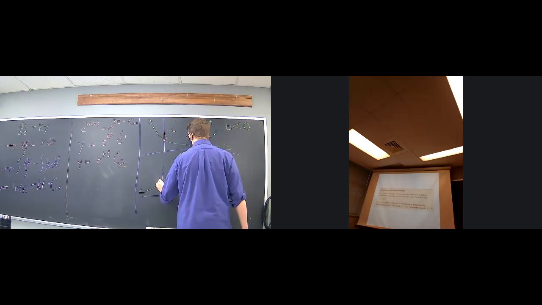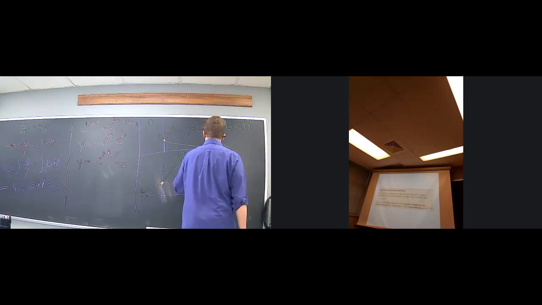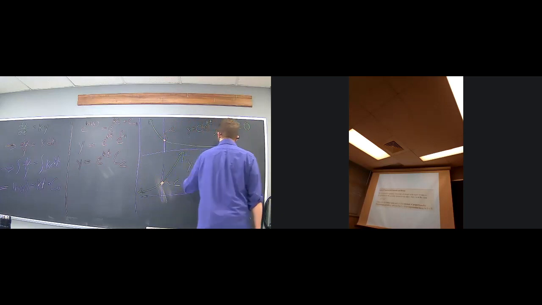It's going to look something like this. This is C here. This is going to be the case y is equal to C e to the Bt, B is greater than 0.